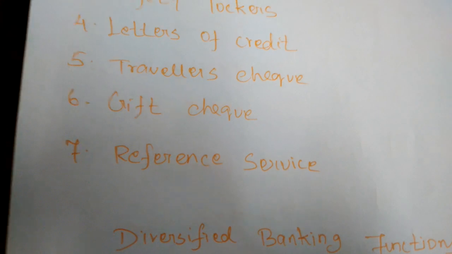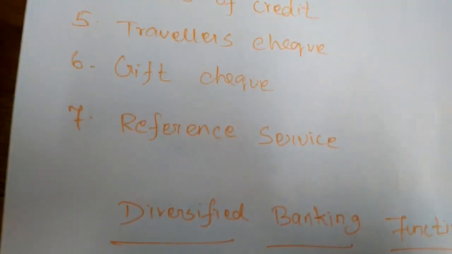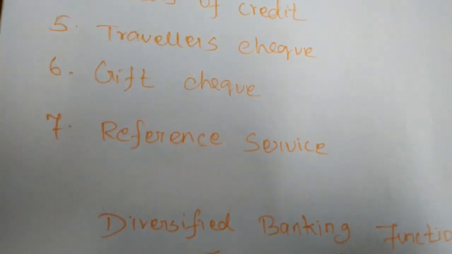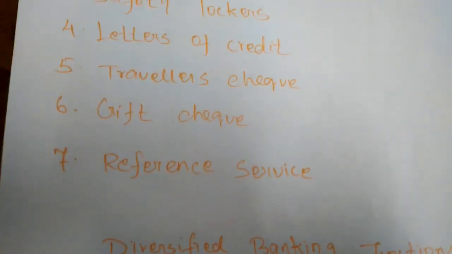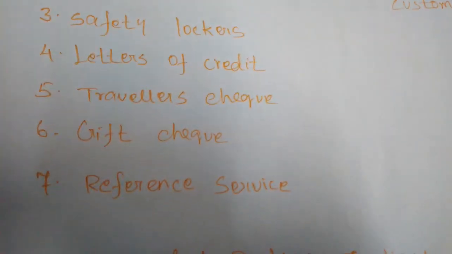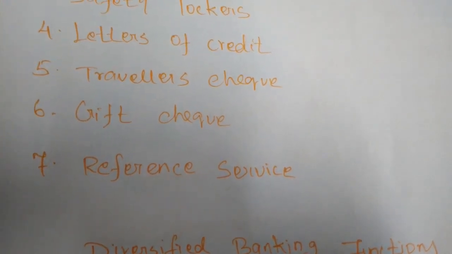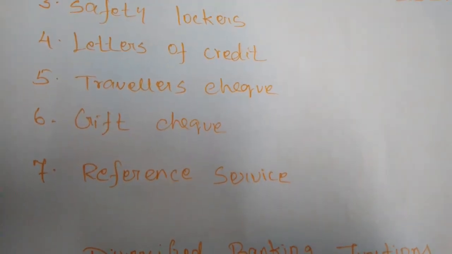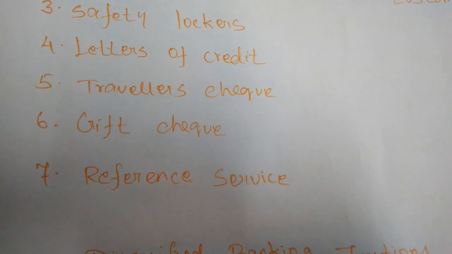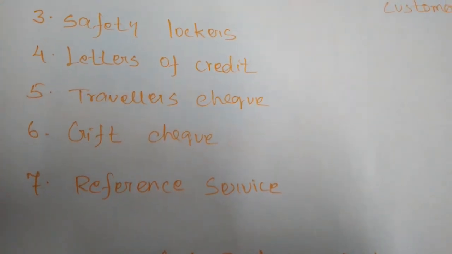Next, gift check. These denomination-printed checks are available in attractive designs so that they can be presented during weddings, birthday functions, etc. Normally we provide gifts in the form of commodities for birthdays, weddings and other programs. With this idea, the commercial bank provides gift checks.